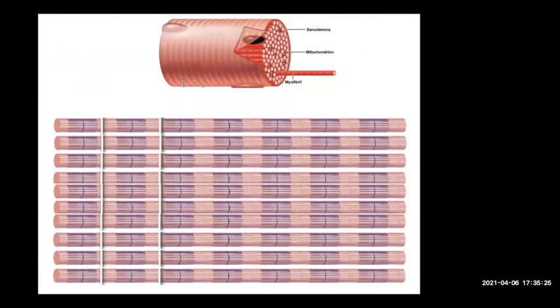Yeah, so what we already went over here, on the top right, is a section of a myofiber, a muscle cell. You can tell by the striations.